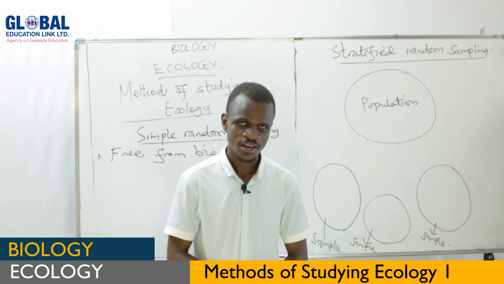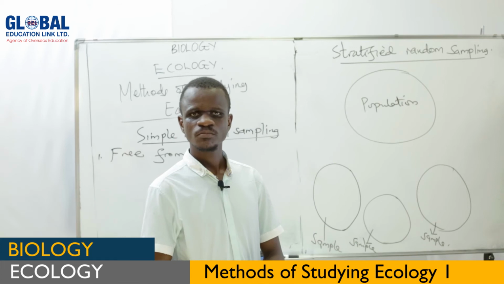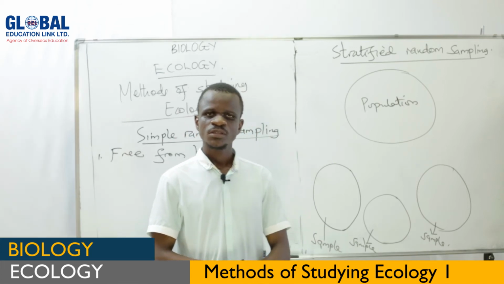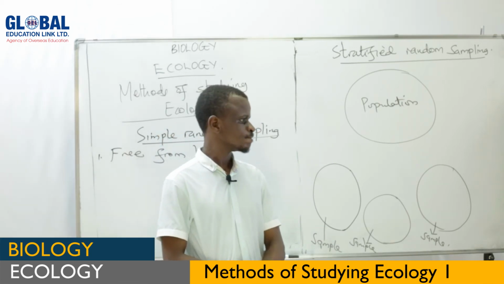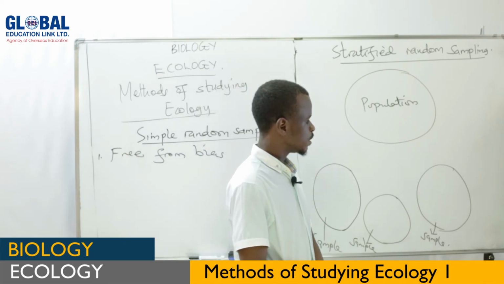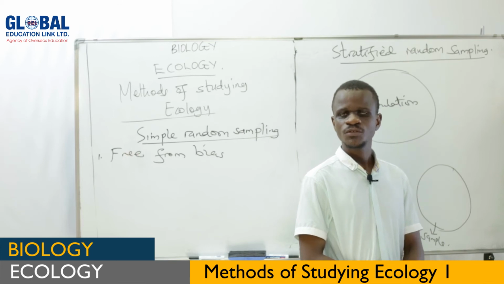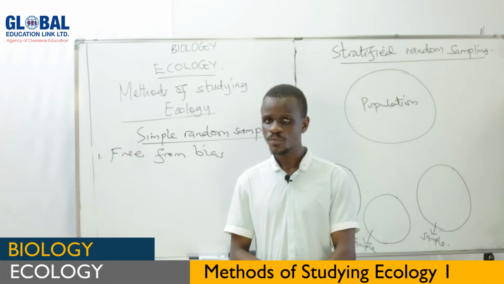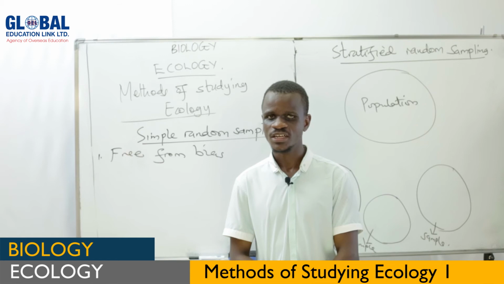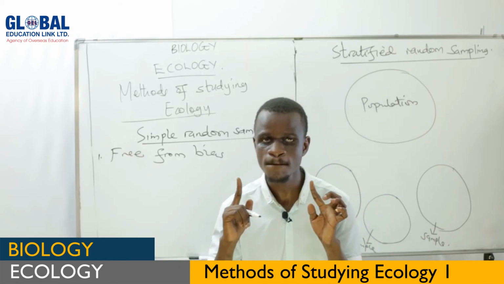Student, are we together? My student, does this method require much knowledge? Really no. Because every individual in a population has an equal chance of being selected, it requires just minimum knowledge.